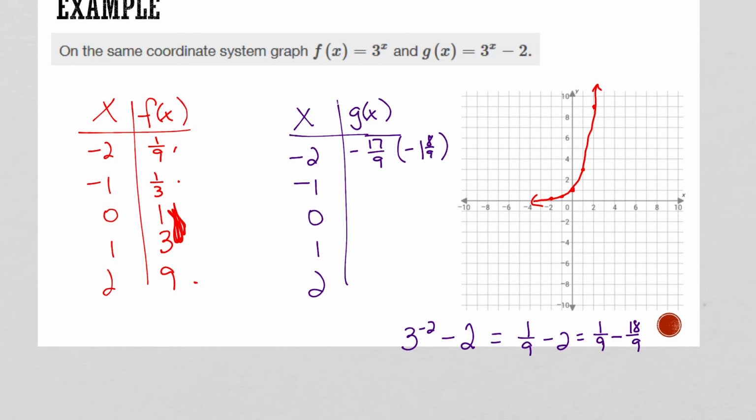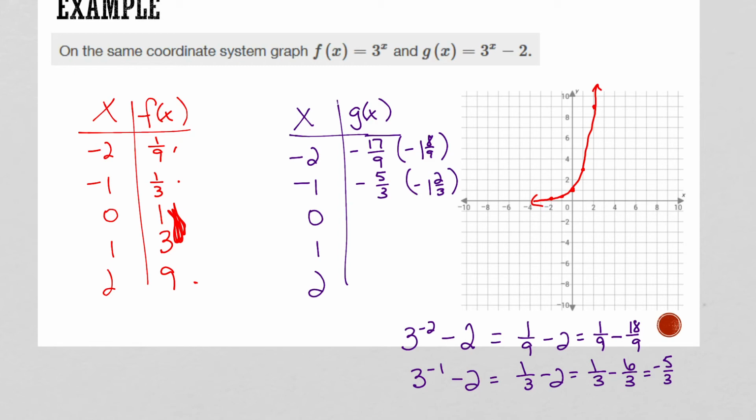All right, let's do the same thing for negative 1. So I've got 3 to the negative 1 power minus 2, so that would be 1/3 minus 2, which is 1/3 minus 6 over 3. Negative 5 over 3, which is the same thing as negative 1 2/3.